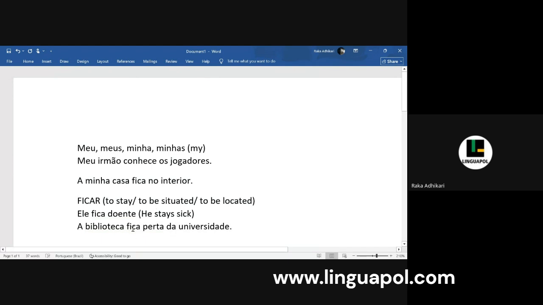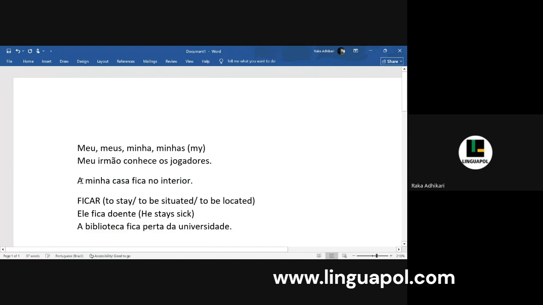The library is situated. Here we are talking about a building. So building cannot stay. It can be located or situated. So the library is located close to the university. A biblioteca fica perto da universidade. So this is ficar word.